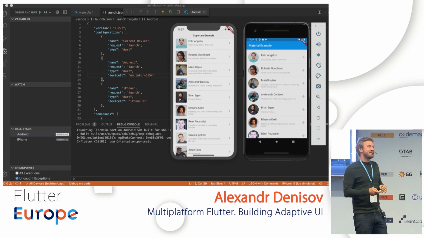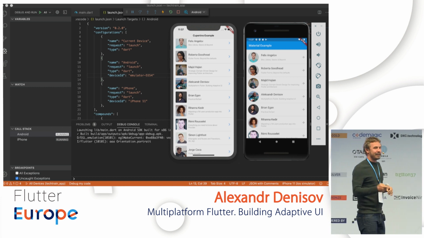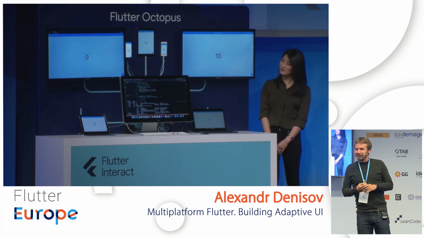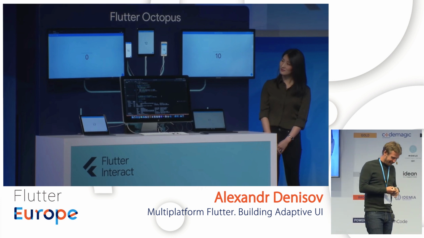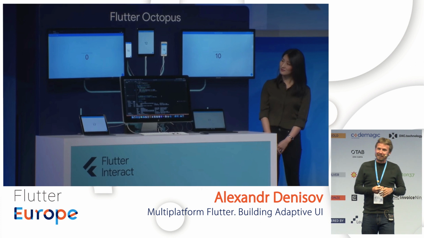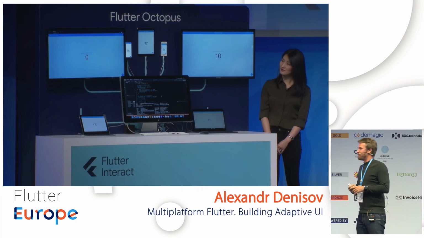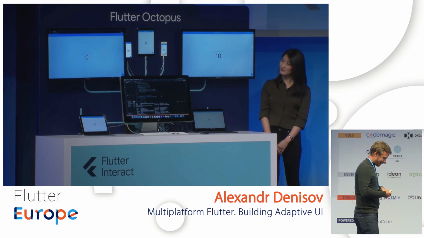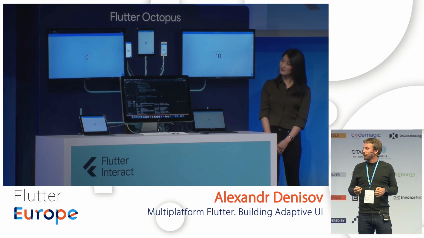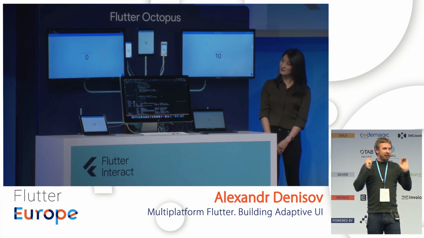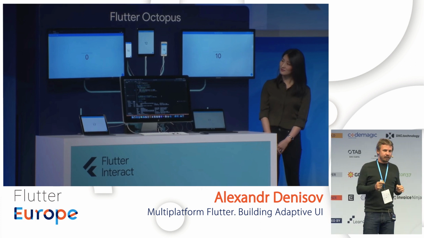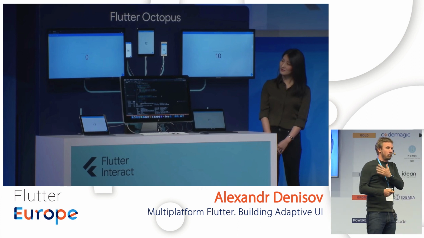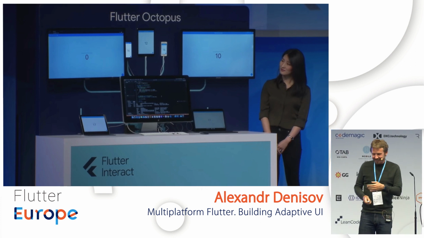And if you watched it, you have to know what this is. This is the Flutter Octopus. I guess it's the best multi-platform testing tool ever. And if you want to organize really multi-platform testing, you can try to build something like this at your office or at your home.